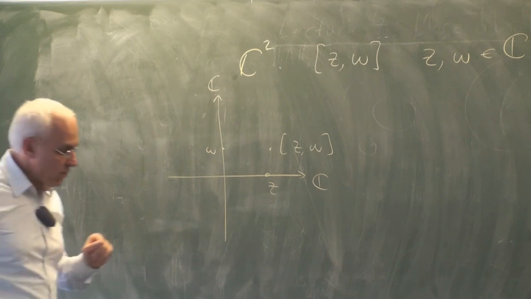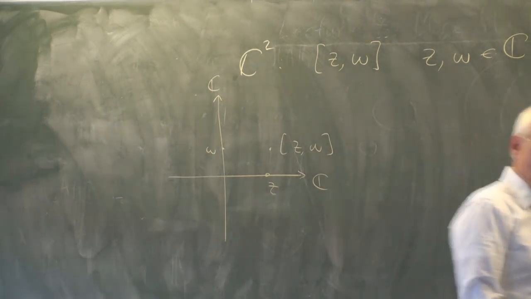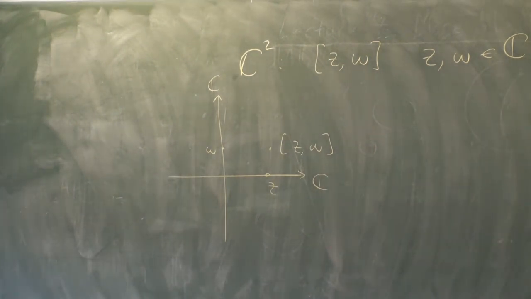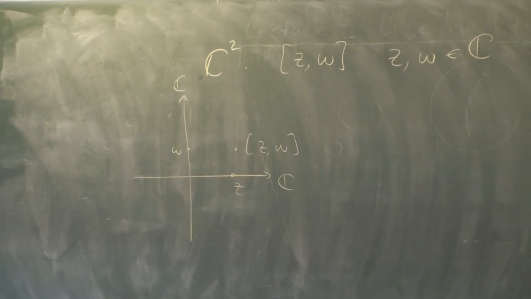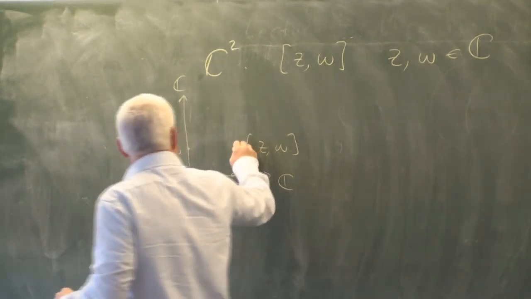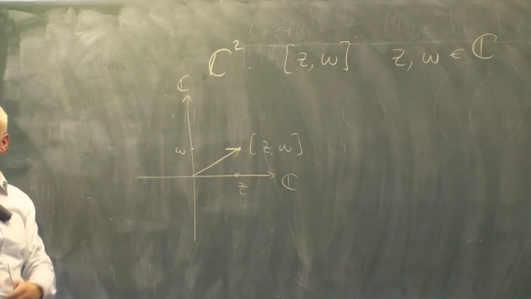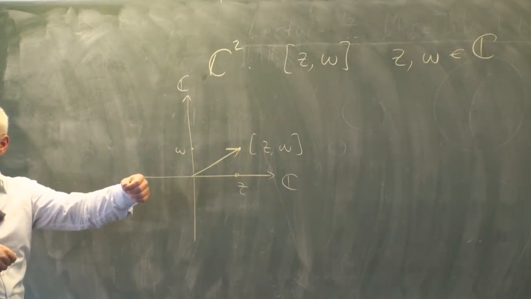Okay, so what we want to do now is look at one-dimensional subspaces in this. This is a two-dimensional vector space if you want to think in terms of linear algebra. It's a two-dimensional vector space over the complex numbers. We're interested in what are all the one-dimensional subspaces. So how do you get a one-dimensional subspace? Well, you just take, say, a vector, and you look at its span.